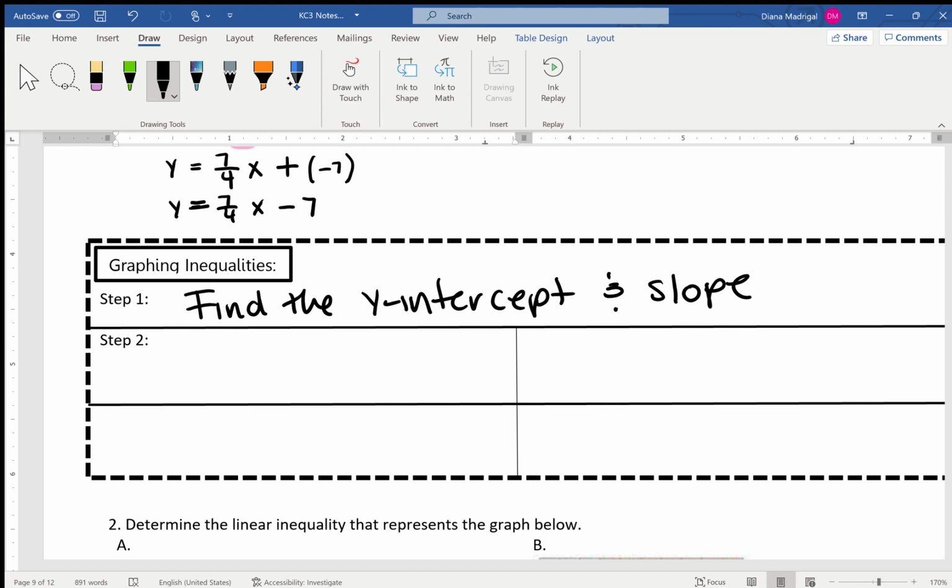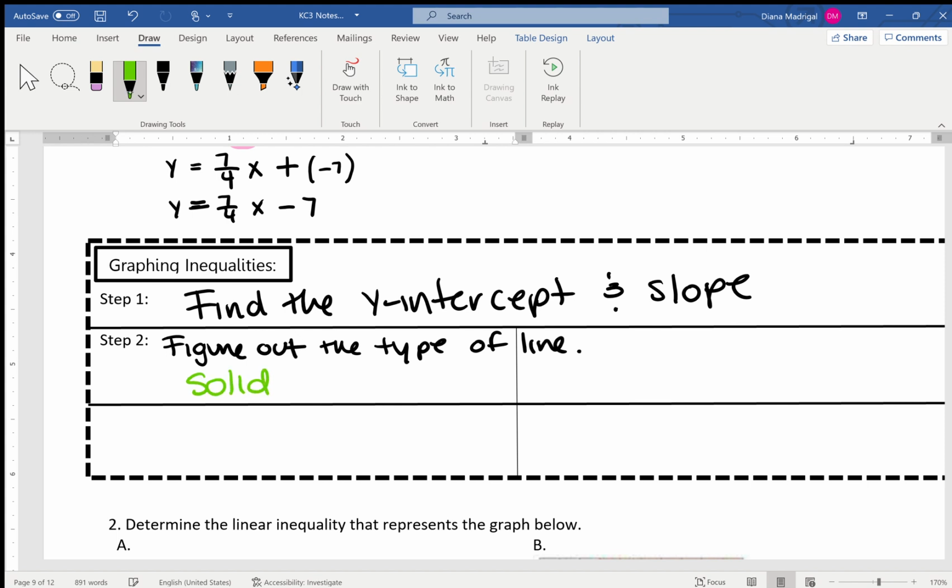And it's really easy, okay? How do you figure out your options? The second step: figure out the type of line you have. All right, so you're going to have a solid line.